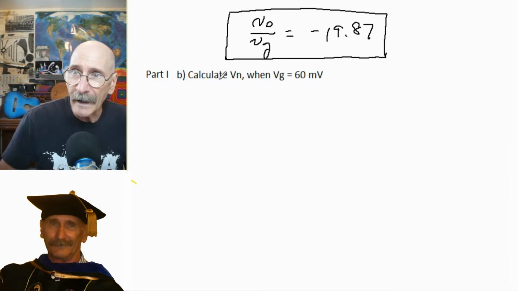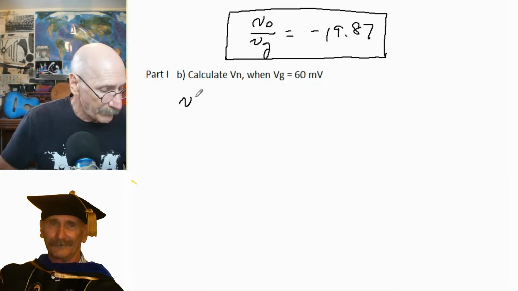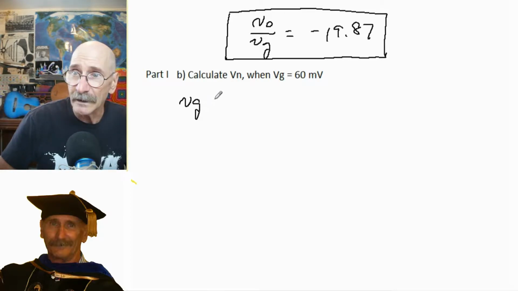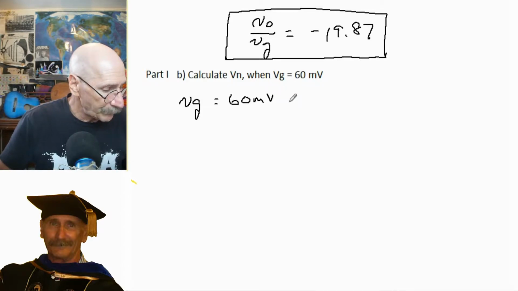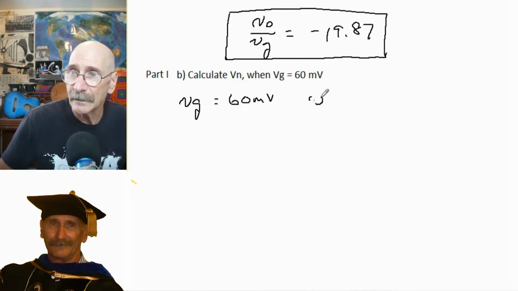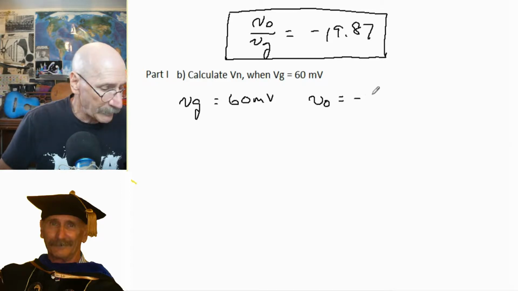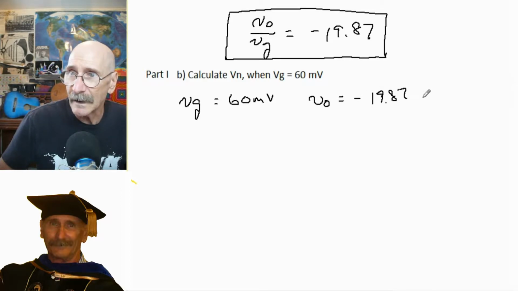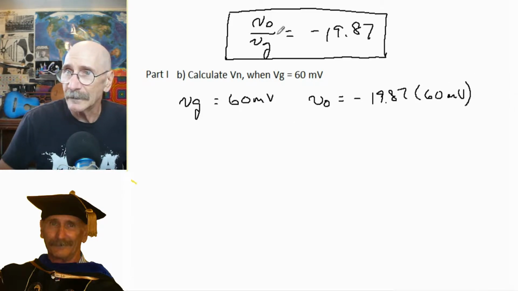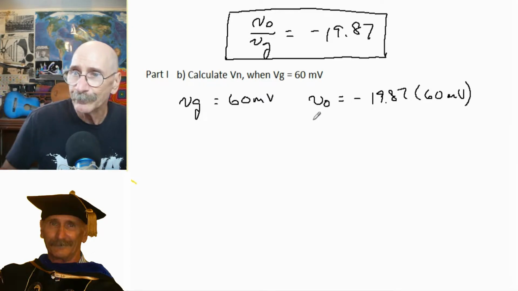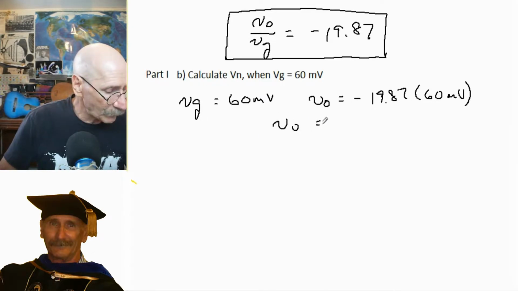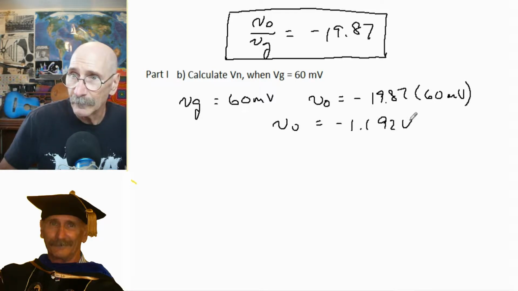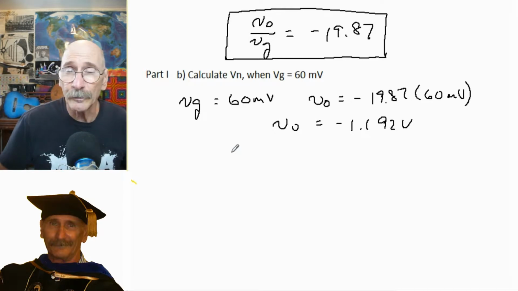So with that, we just take our Vg is equal to 60 millivolts, and then we have V out is equal to minus 19.87 times 60 millivolts, and of course that's just this formula right here, and for that we get V out equals minus 1.192 volts. Alright, so that's the first little piece we can get.